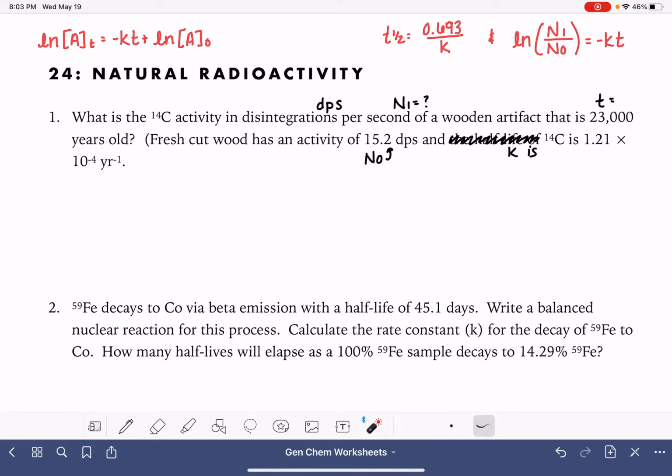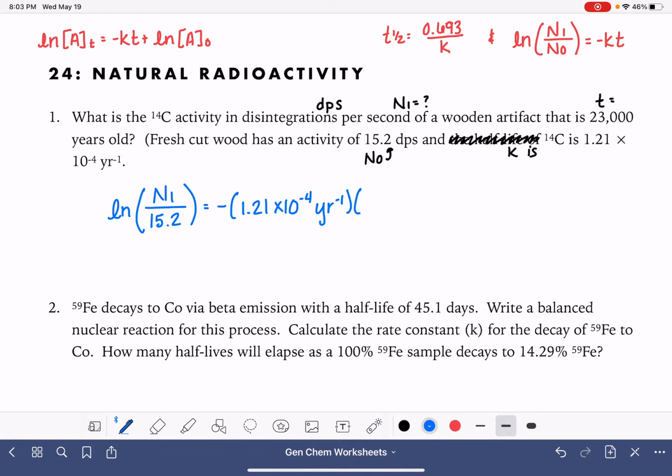So for this problem, the equation that we're going to be using is right here. We know the n sub 0, we know the K, and we know the t. So we can plug these things into this equation. The natural log of n sub 1, which we don't know, over n sub 0, which is 15.2, is equal to the rate constant, 1.21 times 10 to the minus 4 inverse years, times the time, 23,000 years.